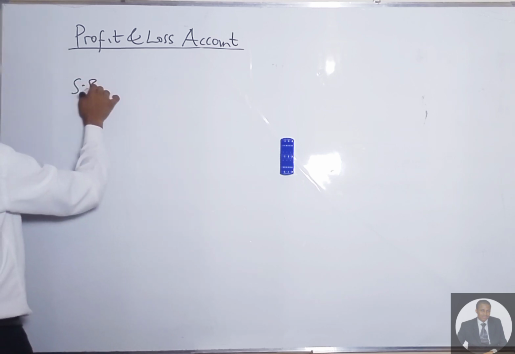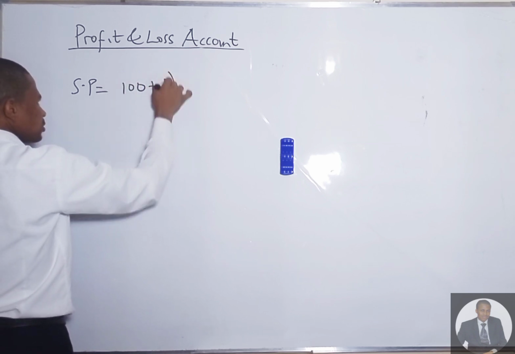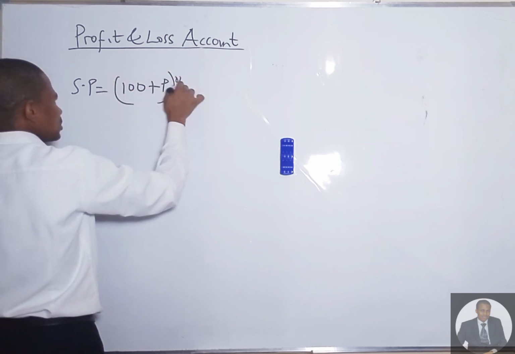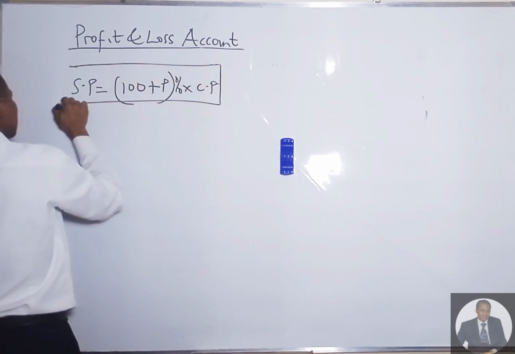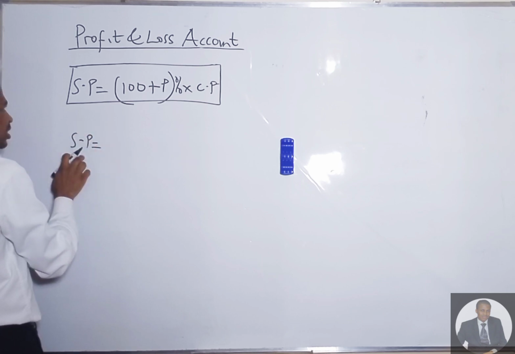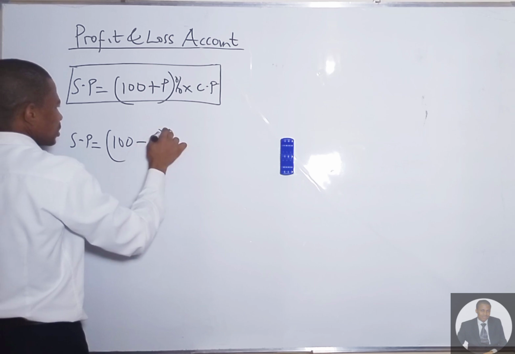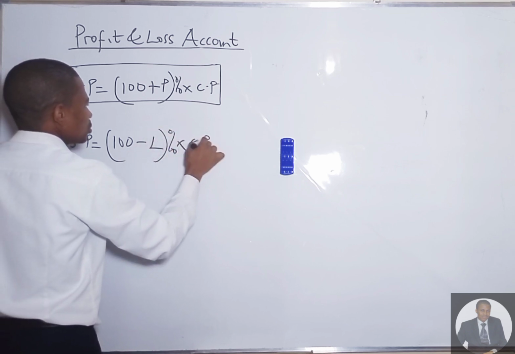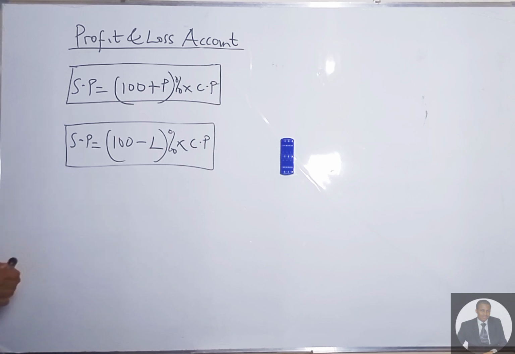We say selling price equals 100 plus profit percent times cost price, if it has to do with gain. But if it has to do with loss, your selling price will be 100 minus your loss percent times cost price. These are the major formulas we'll be using.